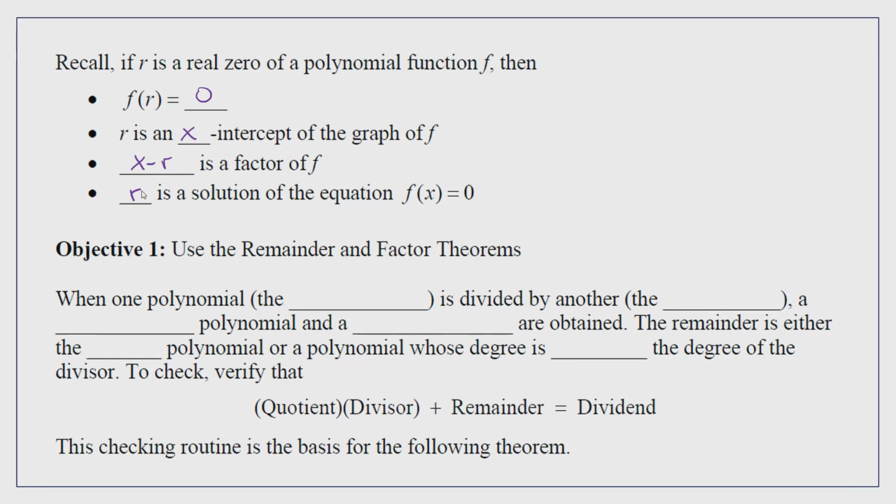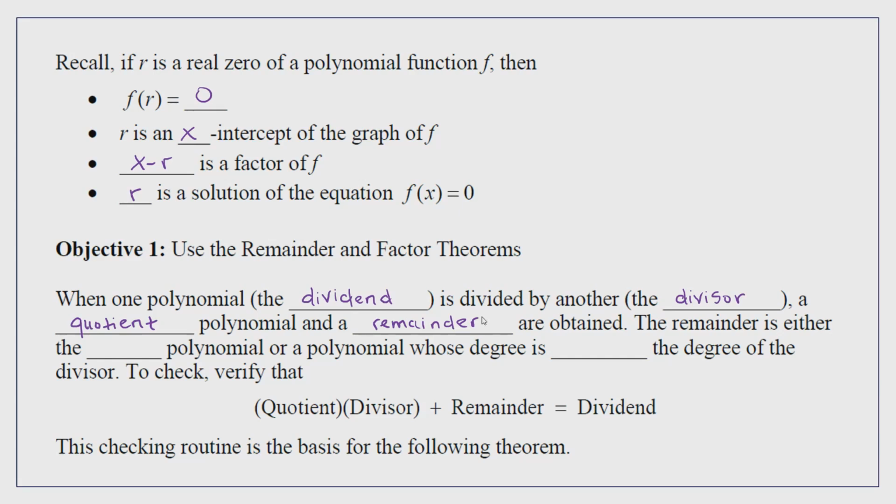Objective 1. Use the remainder and factor theorems. When one polynomial, the dividend, is divided by another, the divisor, a quotient polynomial and a remainder are obtained.